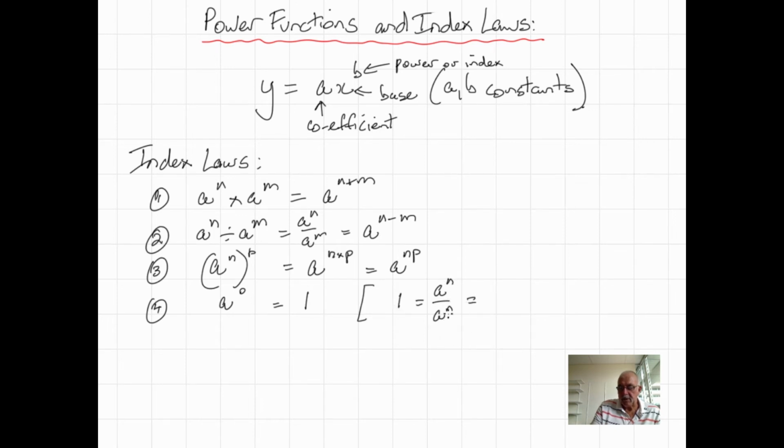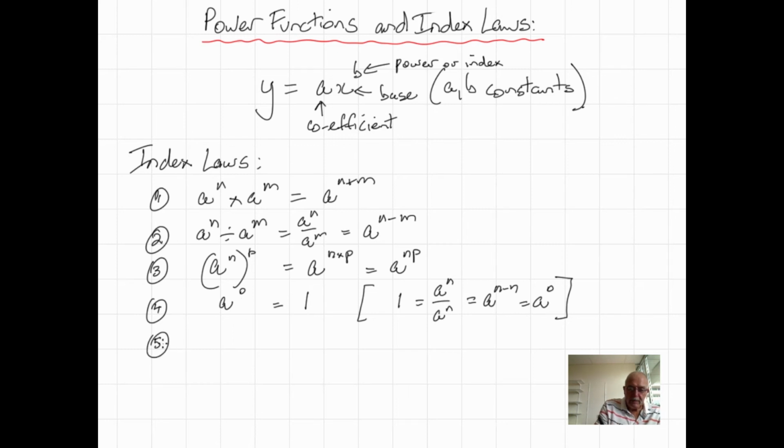But when we use the laws of powers, when we're dividing, we subtract the powers, and we get a to the n minus n, being 0. So a little proof, if you like, as to why a to the power of 0 is equal to 1.